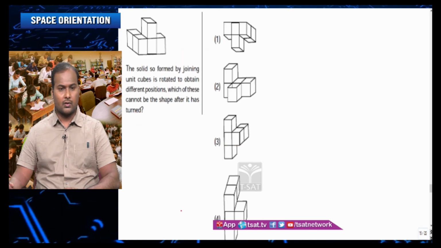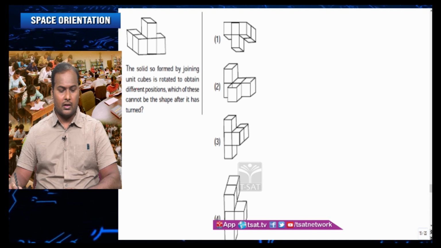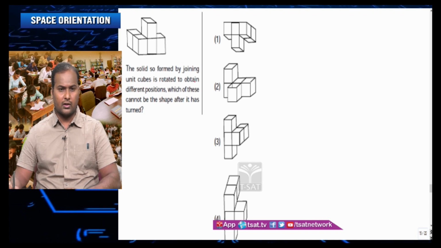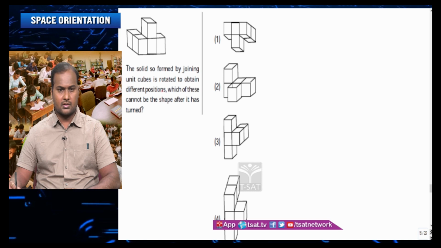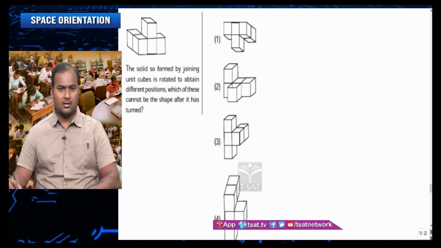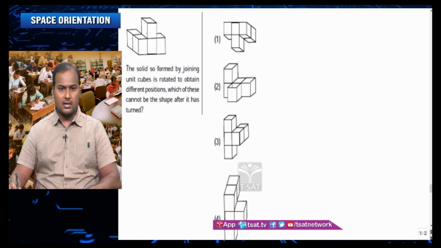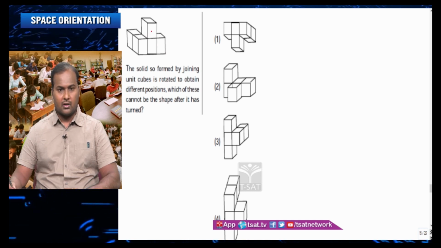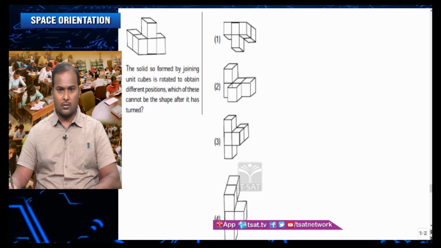See this question. Saying that the solid so formed by joining the unit cubes is rotated to obtain different positions. Which of these cannot be the shape after it has turned? So clearly see the image. If I turn it into another shape, which one is possible and which one is not possible?